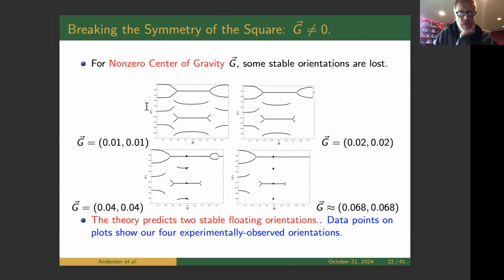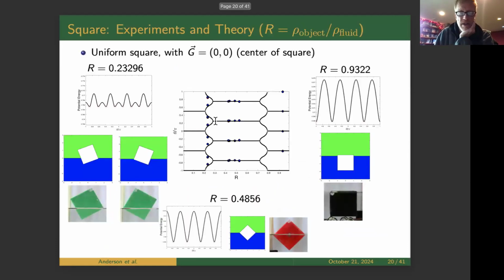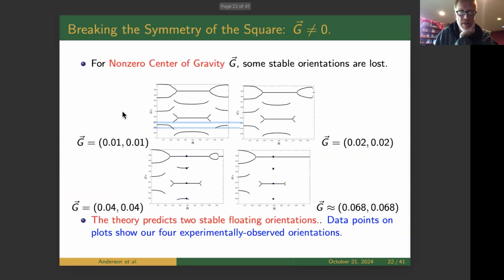If you do a quick look at the theta versus density ratio plots, you can just go back. This is the perfectly symmetric case, and then as you start breaking that symmetry, you see these solutions going away. And the further you move this nail out to the corner, it obviously prefers that corner be floating down. So that's this solution that you see through most of the range of density ratios.